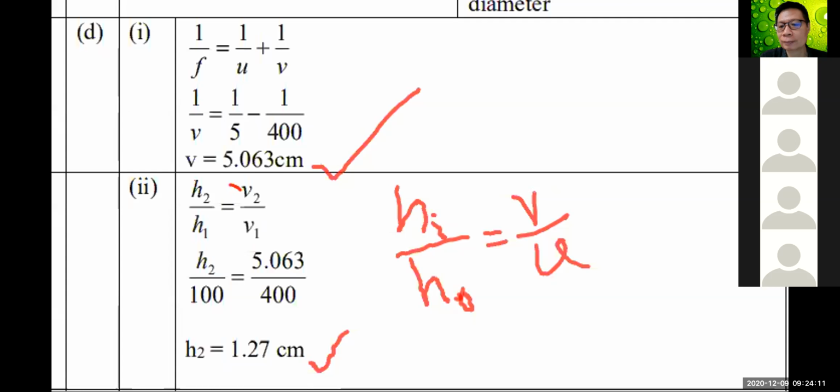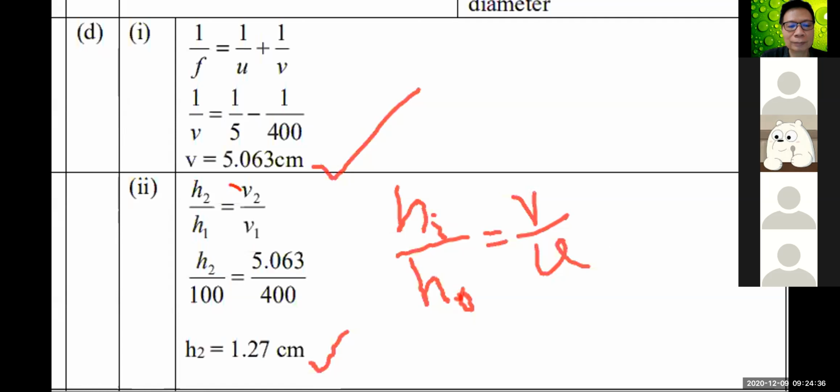Yes, sir. Can you tell me now? Camera, the image, what characteristics? Real, diminished, and inverted. Yes, very good, correct.